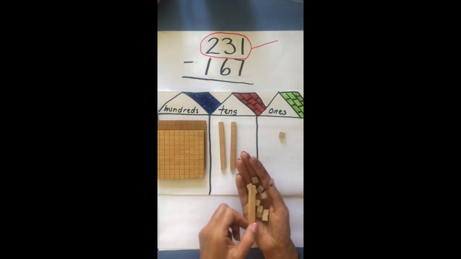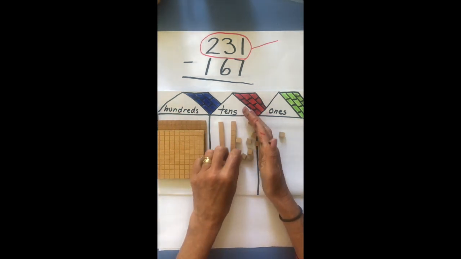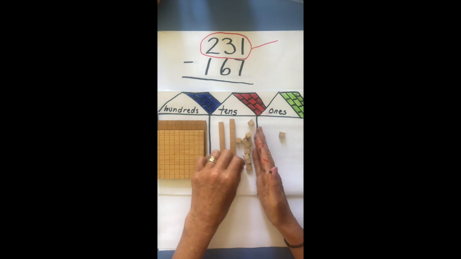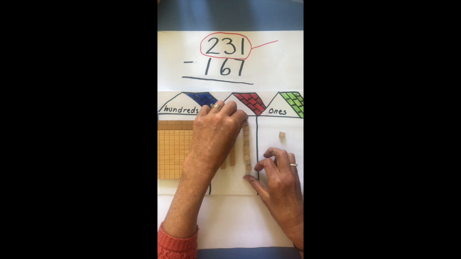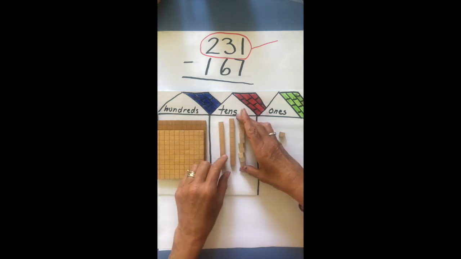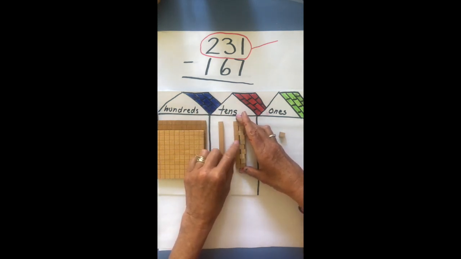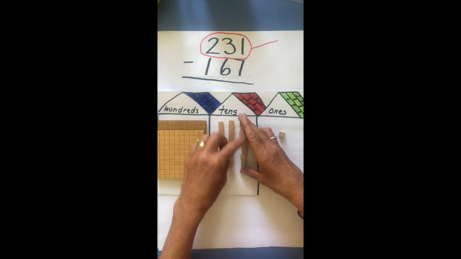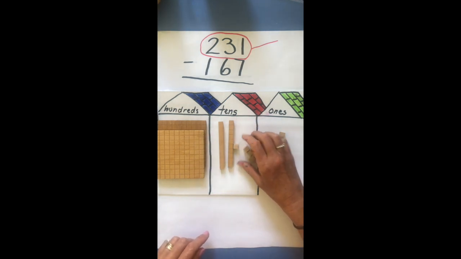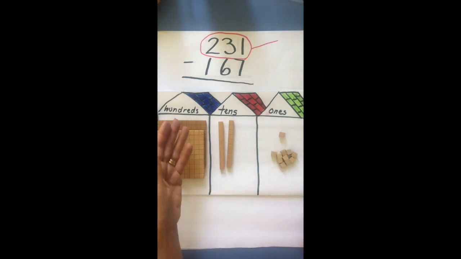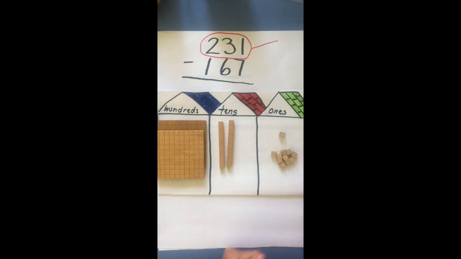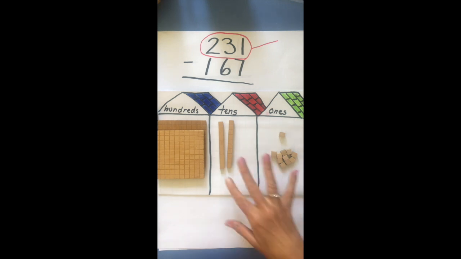So I'm taking this, which is basically just one of these base 10 blocks here. It's exactly the same, and all I'm doing is cutting it up and changing it into ones. So I still have the same number. I still have 231. Okay, so I've regrouped.